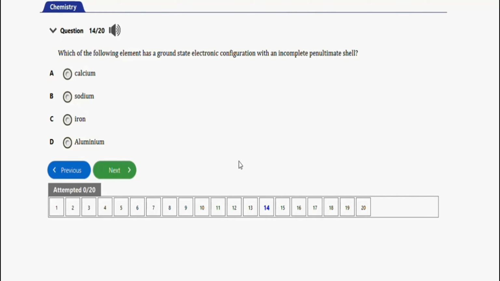Alright, the next question will be this one. It says the energy which accompanies the addition of an electron to an isolated gaseous atom is, so it's electron affinity. Okay, next question is this one. It says how many unpaired electrons are present in this charged ion? Cool.